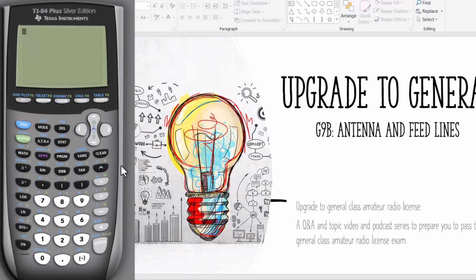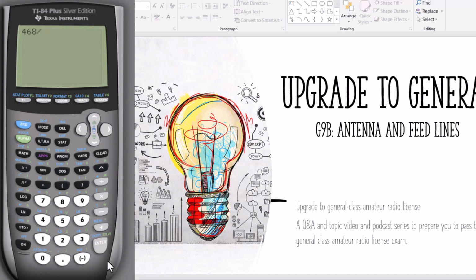The first of these questions asks, what is the approximate length for a half-wave dipole antenna cut for 14.250 megahertz? So you take 468, divide that by 14.25. The answer, 32.8. The closest answer choice to that is 33 feet, so that's the answer.